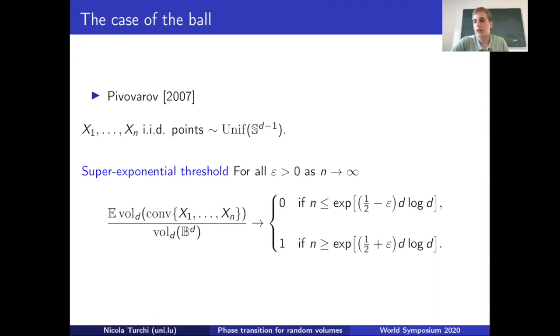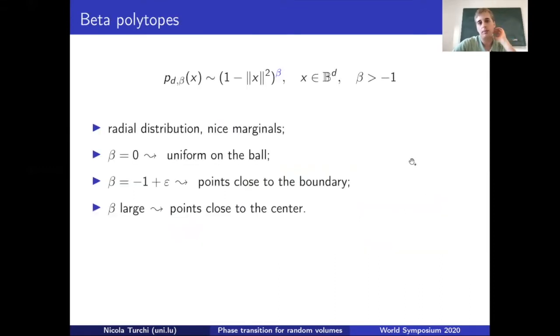And you can justify this by thinking of the fact that it's more difficult to cover the volume of a body which has curved parts and not just flat parts like a cube. So what we did with my group back in Bochum was to try to generalize this result to bigger classes of distributions still supported in the ball.